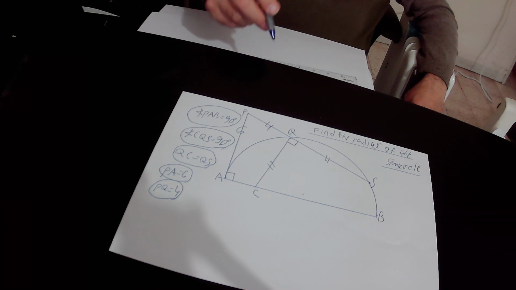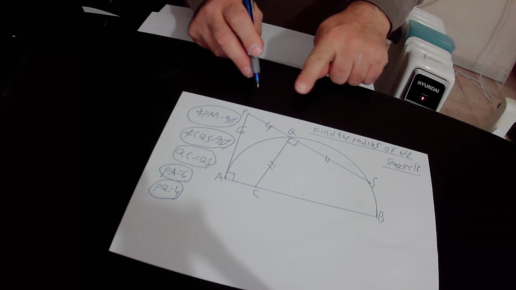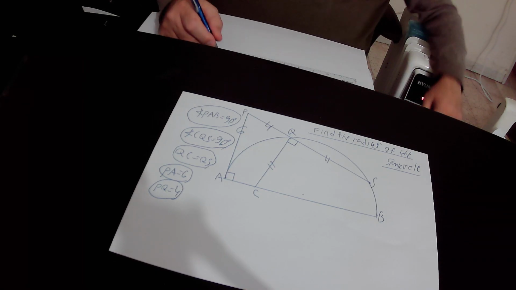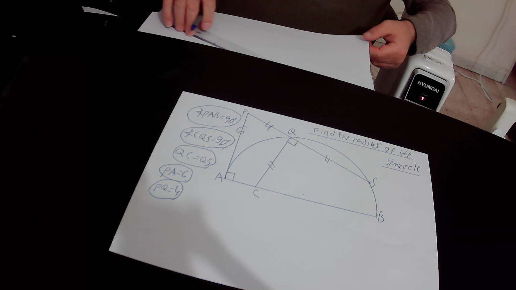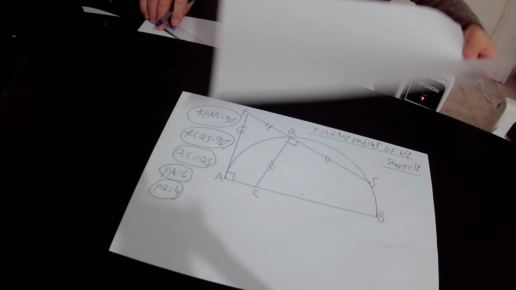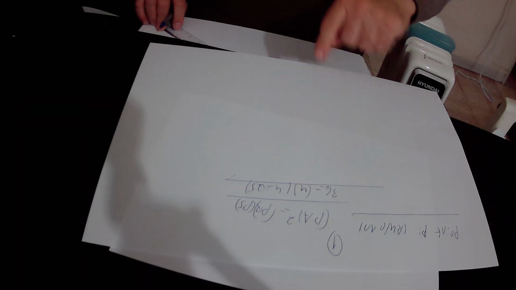That equals PQ, which is 4, times PS. PS is 4 plus QS. So in conclusion, according to rule number 10, 36 equals 4 times (4 plus QS).